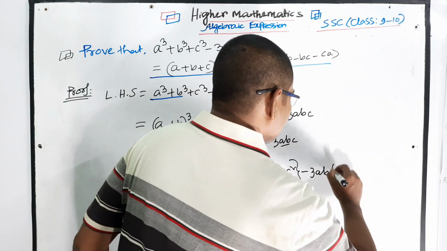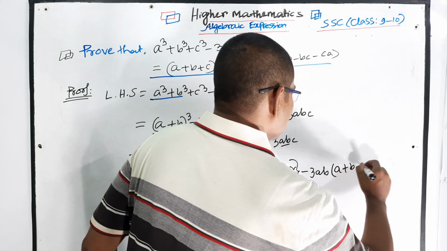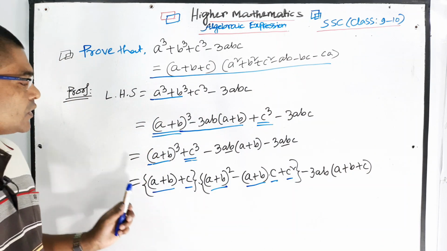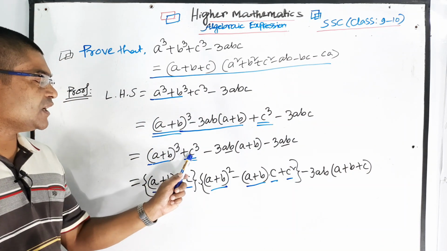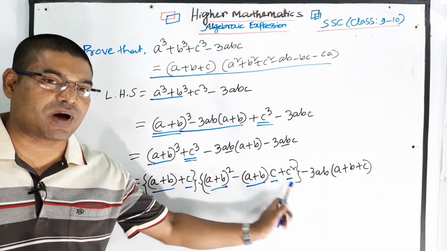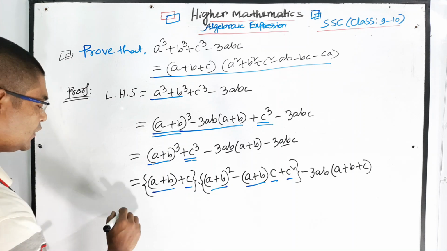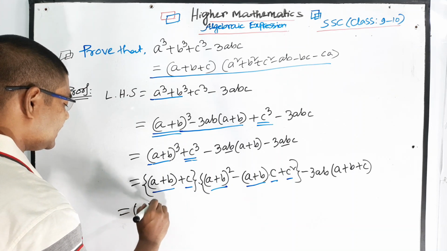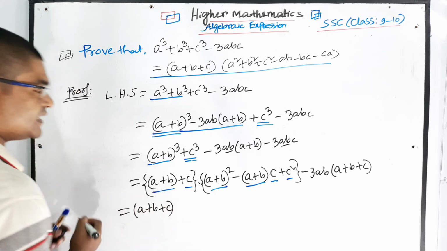So we will get a plus b plus c. Am I clear? So we have got a cube plus b cube equals a plus b into a square minus ab plus b square. Now a plus b plus c, we get a plus b plus c.